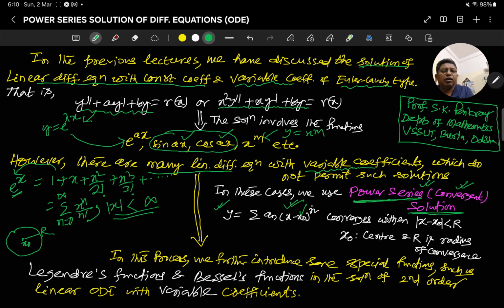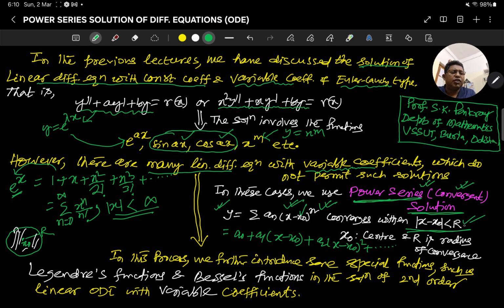So while we write a series, we must specify a region within which the series will converge. So a power series is followed by a radius of convergence and a circle of convergence. And if you expand this series, it will take the infinite form a0 plus a1 into x minus x0 plus a2 into x minus x0 square, and so on. While we talk about this, we should also discuss mod x minus x0 less than r.